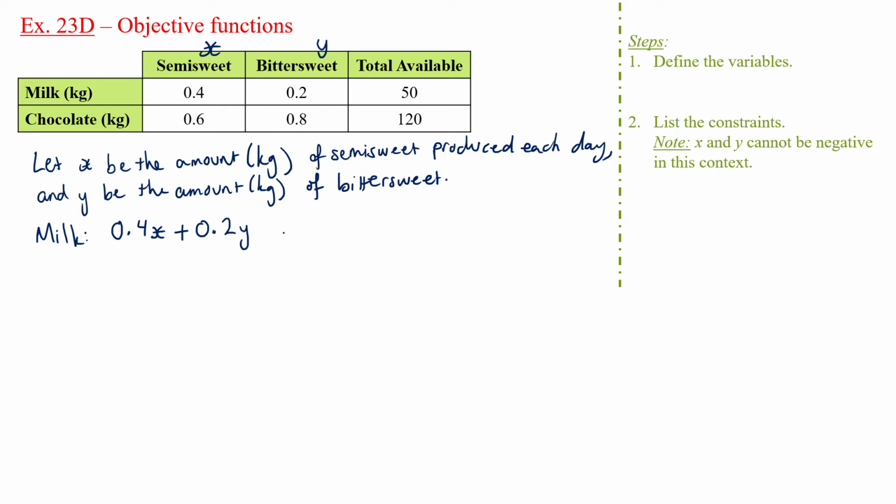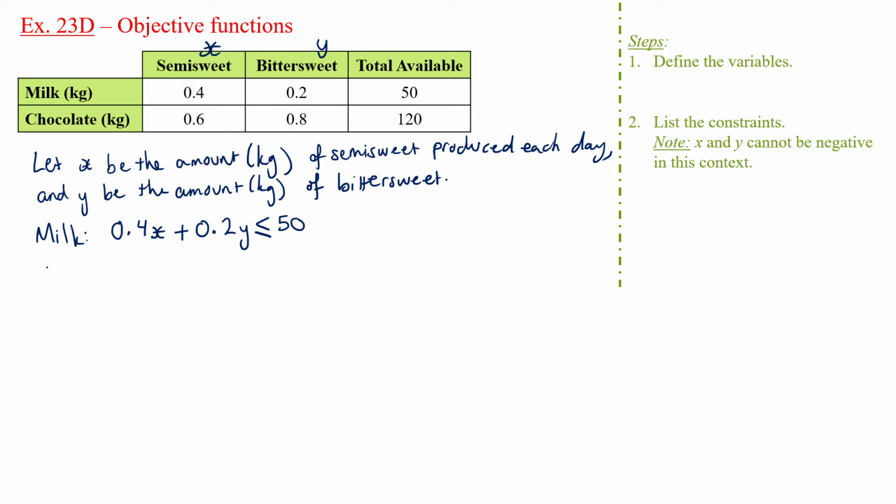So 0.2 Y. My total amount available is 50 kilos. Now, I'm not going to have it equal 50 kilos. I might not need the whole amount each day. I just can't exceed it. I can use less than it, but I cannot exceed it. So that helps me decide what inequality I'm using. It's less than or equal to. I can use up to 50 kilos. I can use the whole lot, but I cannot use any more than it because it's not available.